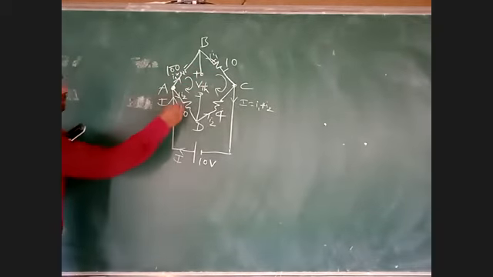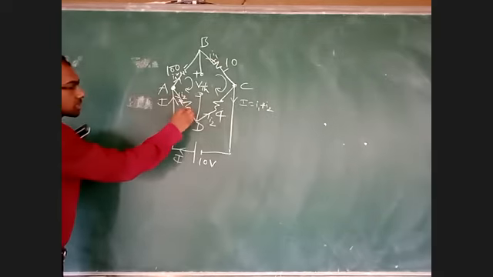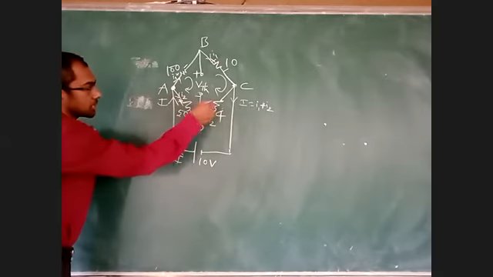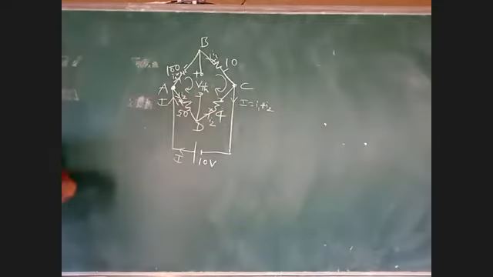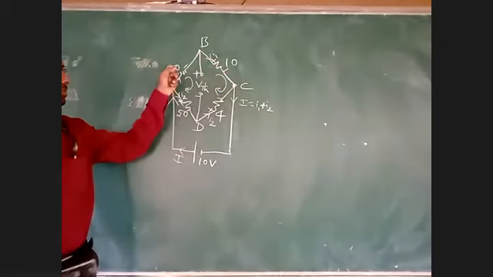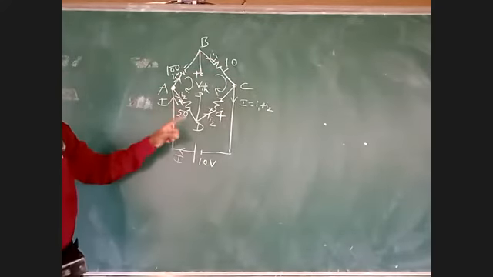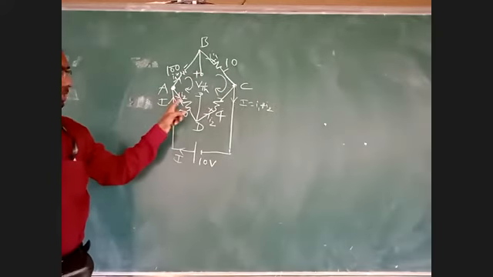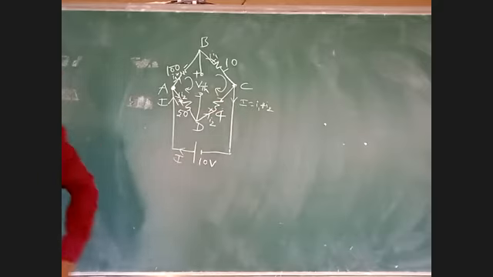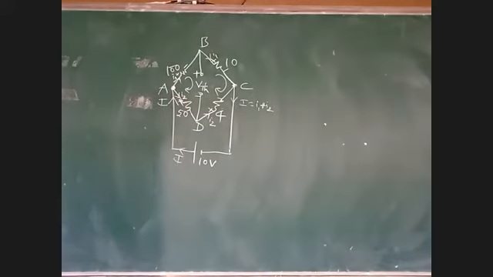Similarly I2 is flowing here, plus minus, plus minus. I1 direction I had taken for 100 ohms, and for I2 I had taken for 50 and 4. In the direction of current, take plus and minus. For current directions we have to take plus and minus, not for the reference direction. Okay.